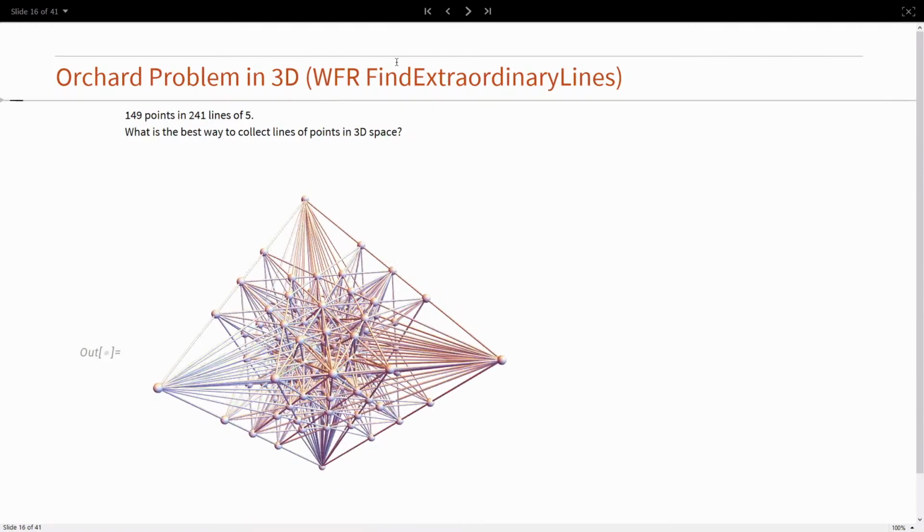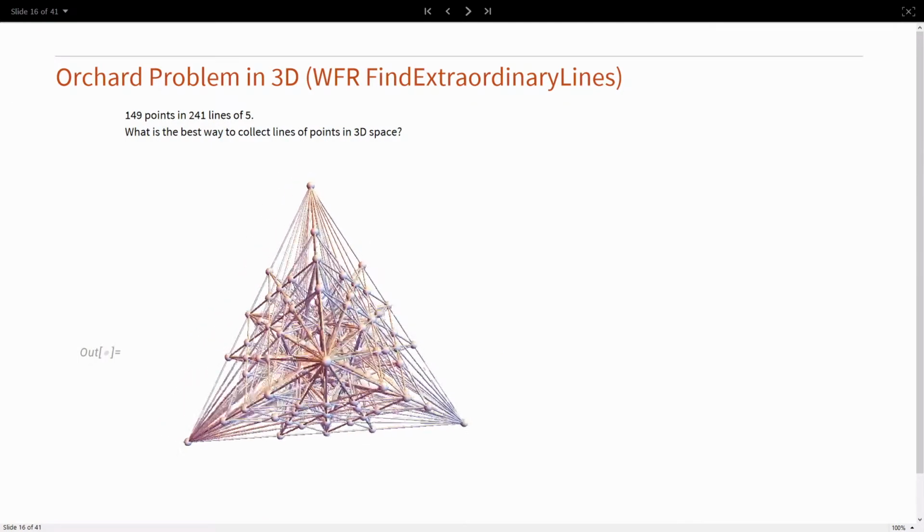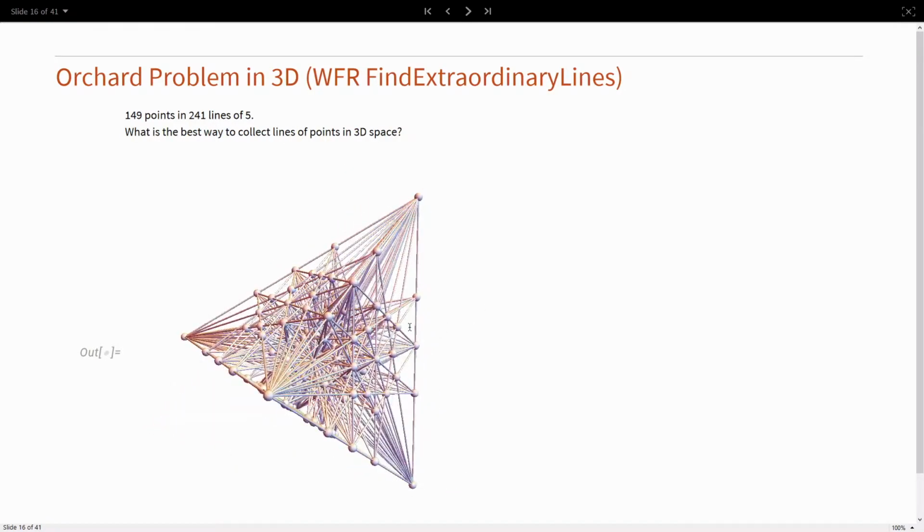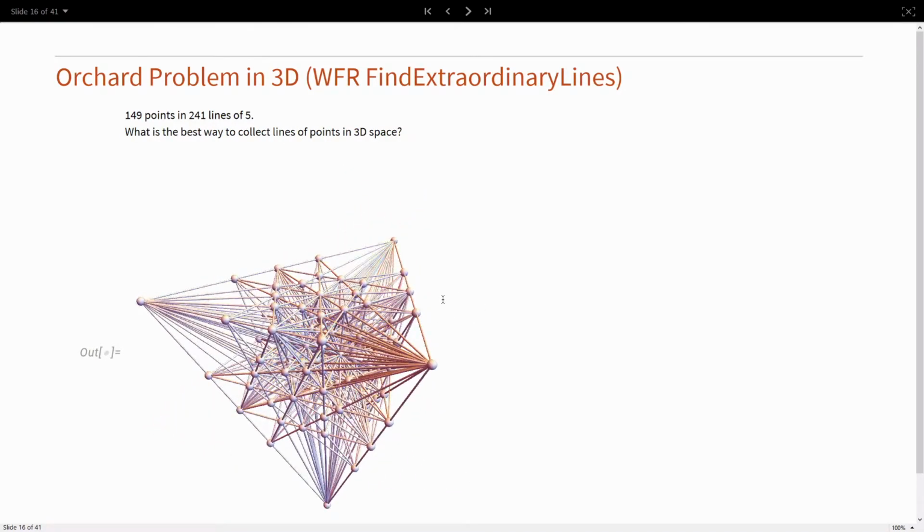In the Wolfram function repository, we have an item called find extraordinary lines, where you can basically put in any set of points and it'll return all the lines that have more than 2 points in them. An extraordinary line is when you're given a group of points, it's any collection of 3 or more points which makes a line.